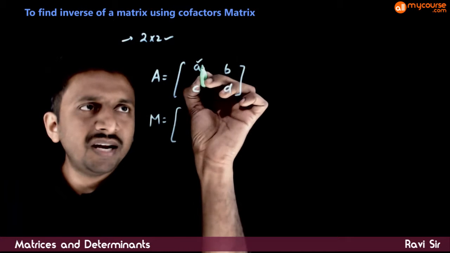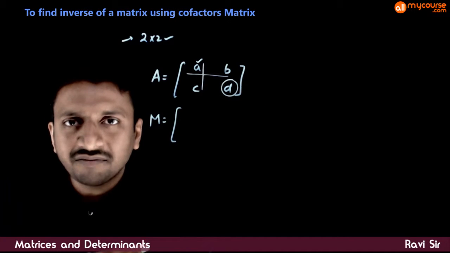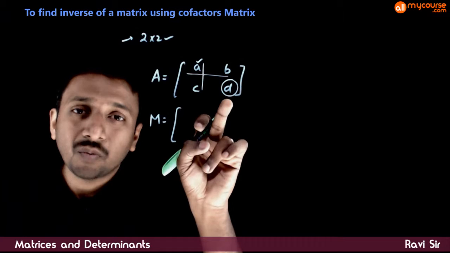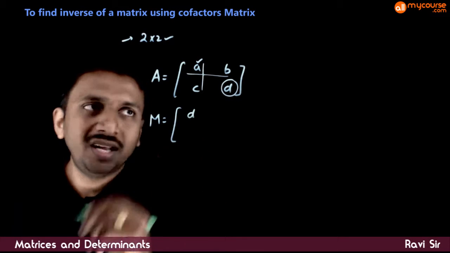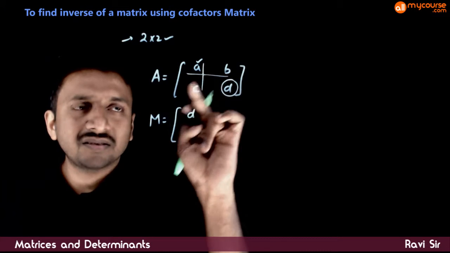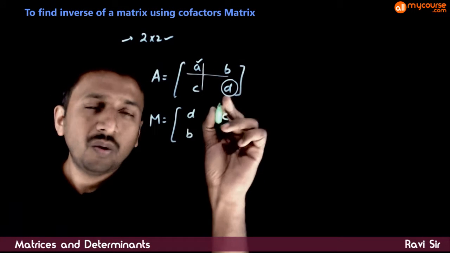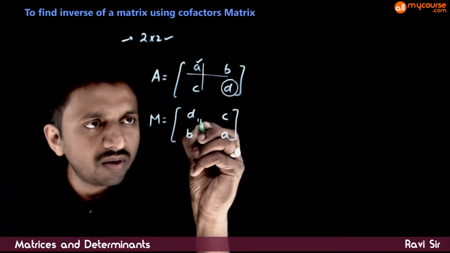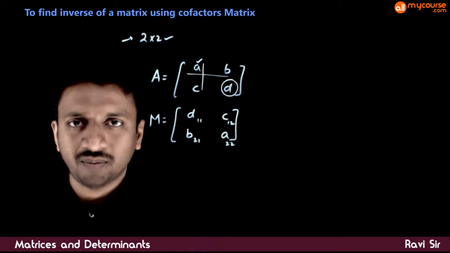You need to eliminate this row and this column. Only one element is left. What is the determinant of a 1 by 1 matrix? The element itself. So D is the minor of A. What is the minor of B? You get C. What is the minor of C? You get B. What is the minor of D? You get A. So this is the 1 1 element, 1 2 element, 2 1 element, 2 2 element.